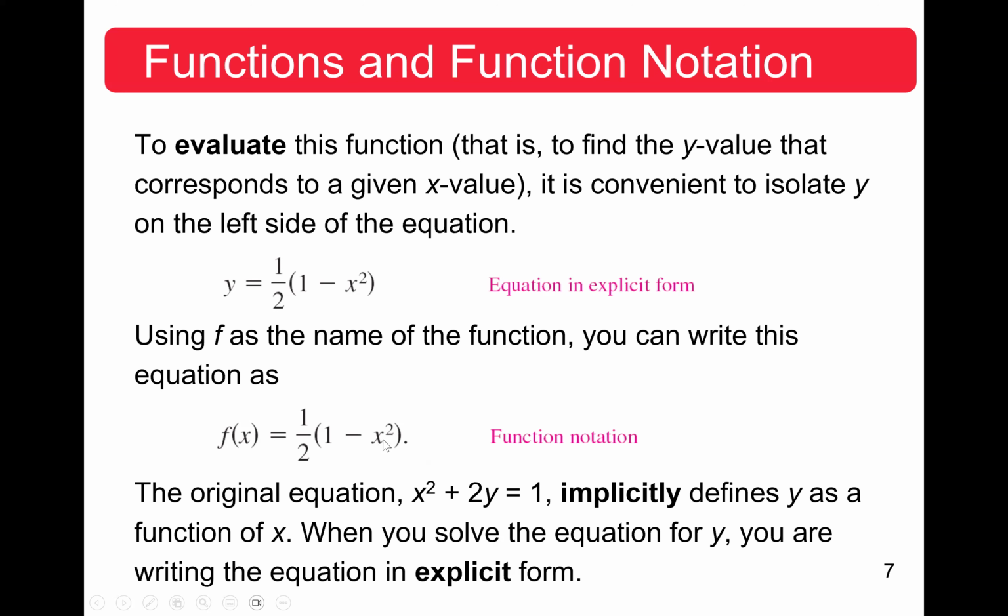So this means any value of x determines the value of f at x, or y. The original equation, x squared plus 2y equals 1, implicitly defines y as a function of x. When you solve this equation for y, you are writing the equation in explicit form.